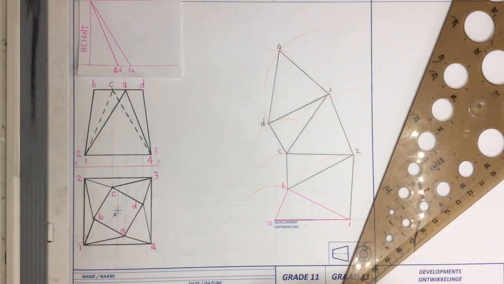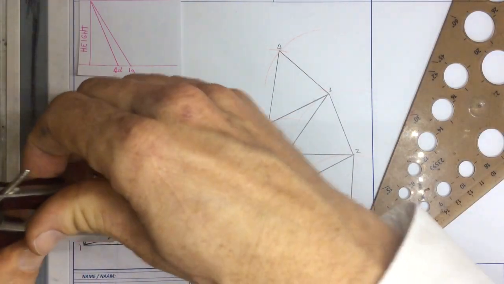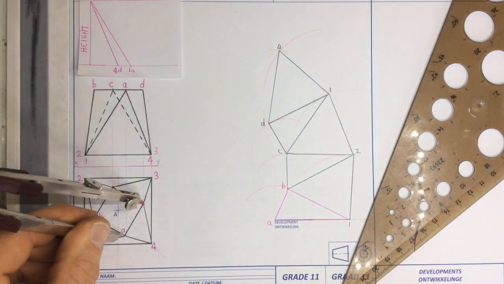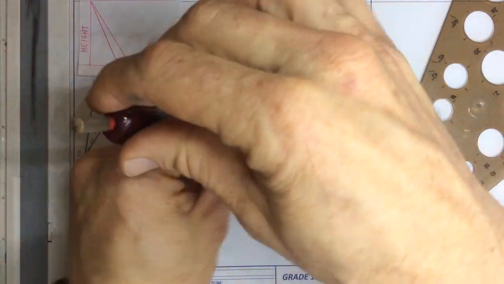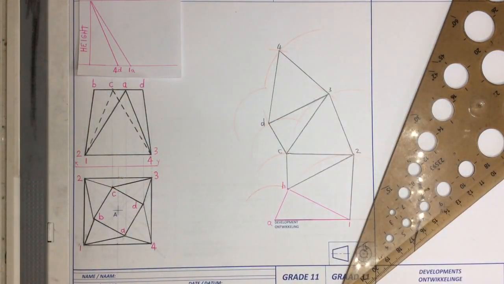Right, once I've got that, I need to go from D to A. Remember, it needs to end on A, so there we go, D to A. Measure that off. Somewhere along that arc, I'm going to have A. Do I have a true length distance of 4 to A?